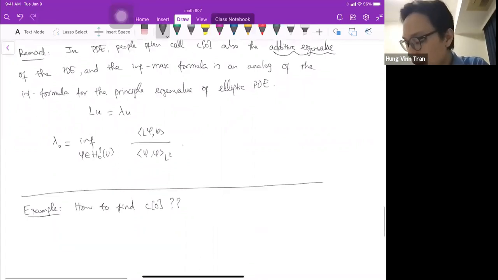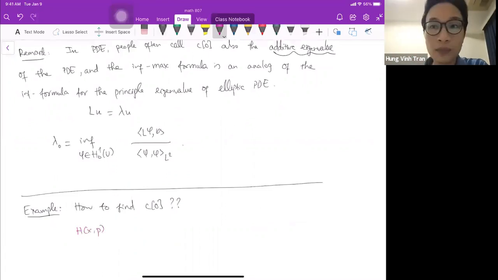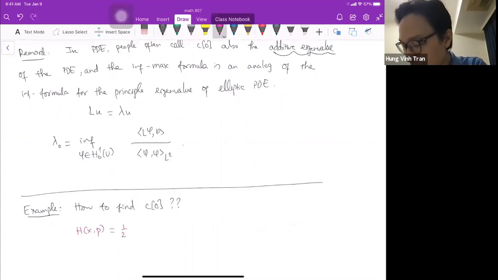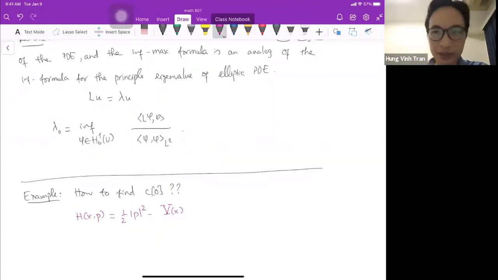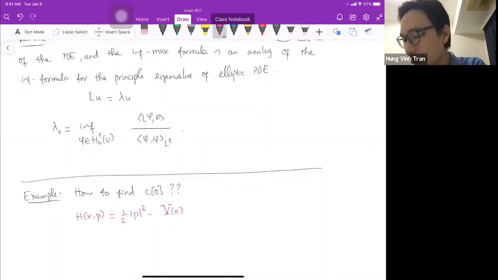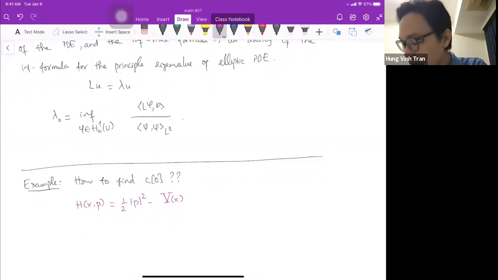Okay, so let's consider exactly the classical mechanics Hamiltonian. I just want to make sure that we are not going too far with this classical mechanics Hamiltonian; we want to stick with that and make sure that everything is clear. Okay, so it could be plus v of x or minus. I'm just putting minus here because I just want to make it easier.